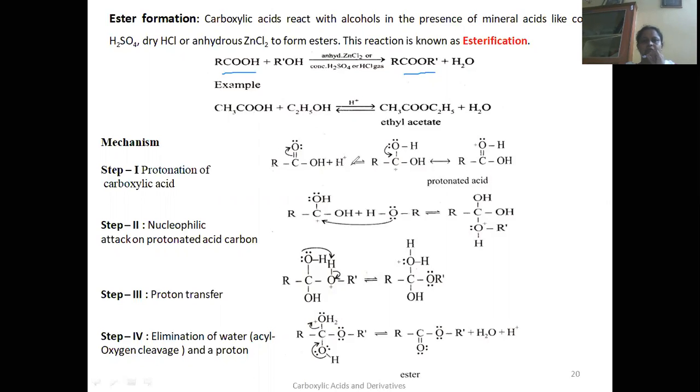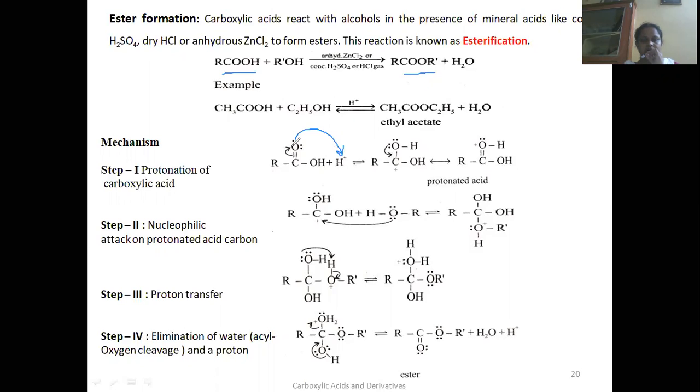When the proton is added here, this oxygen will take up this proton. The lone pair of oxygen is donated to this hydrogen. Okay, an OH bond is formed, and once the OH bond is formed, these bonded electrons will shift onto the oxygen. So it will get three lone pairs of electrons.